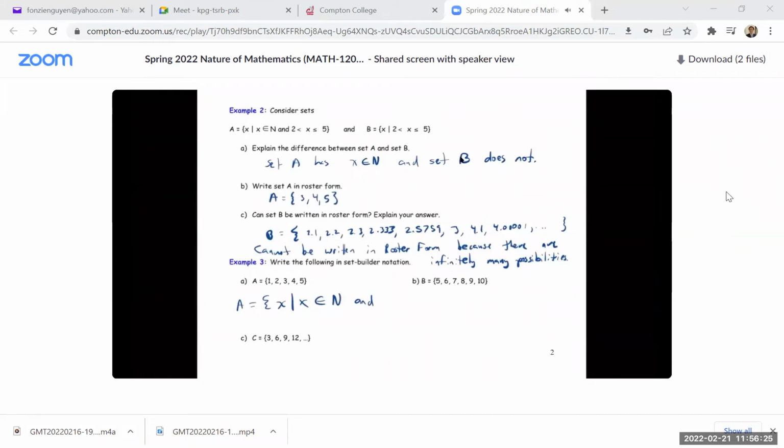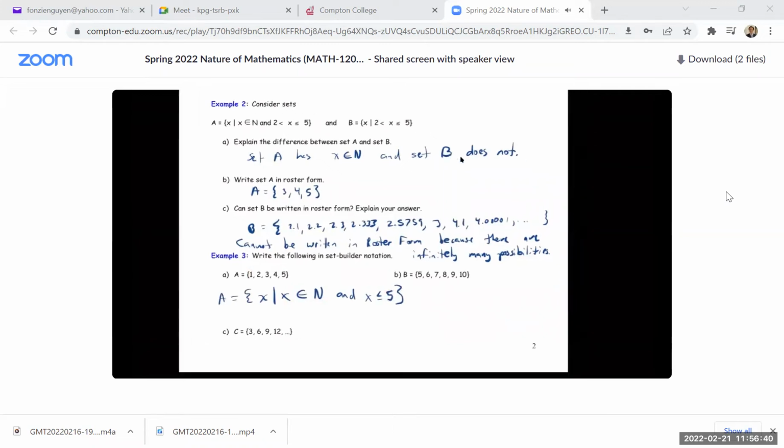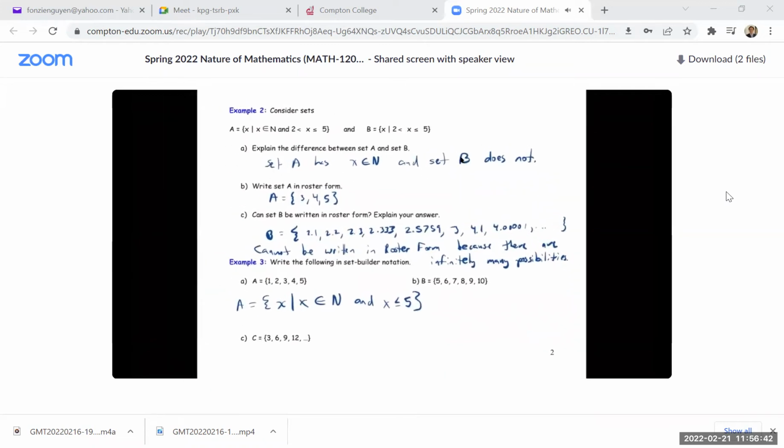Because it's a natural number, you only have to say that it's less than or equal to 5, because natural numbers start at 1. But you could also say greater than or equal to 1 if you wanted to. That's fine too.